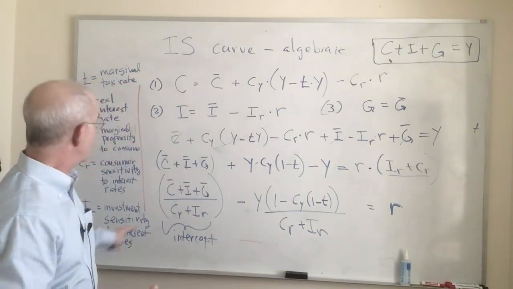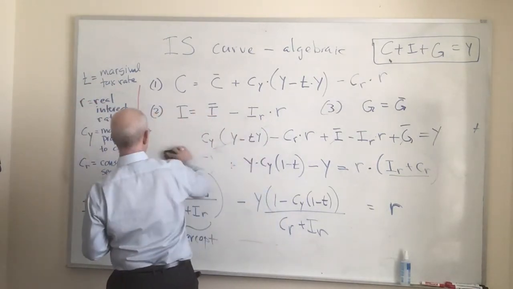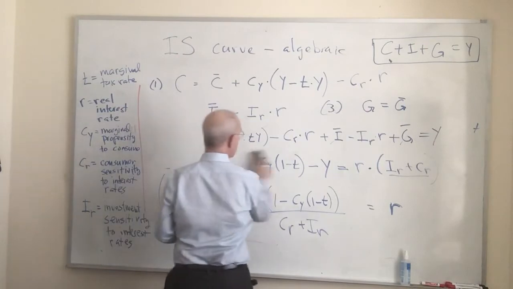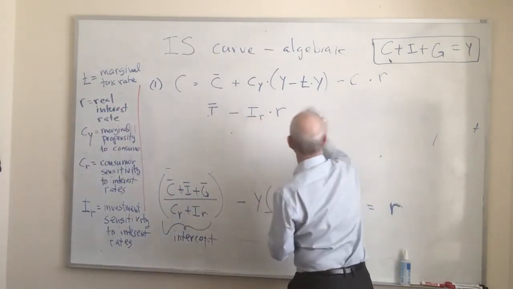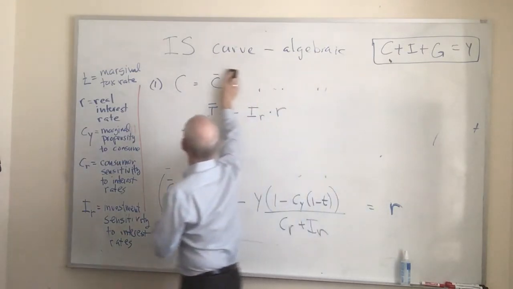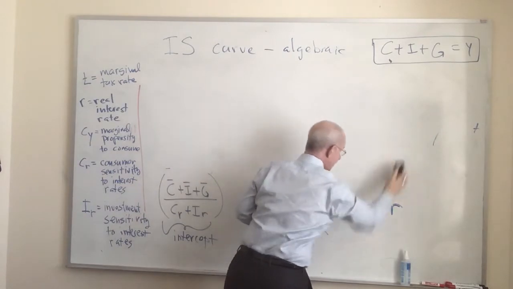Okay, so here we've got a relationship which makes clear what might shift the IS curve, what might change the slope of the IS curve.